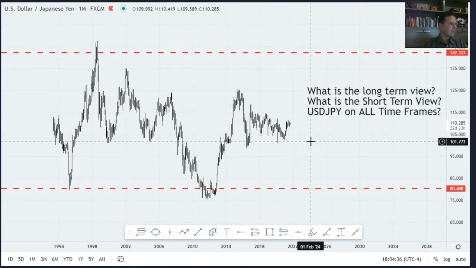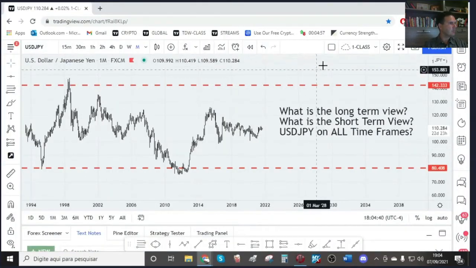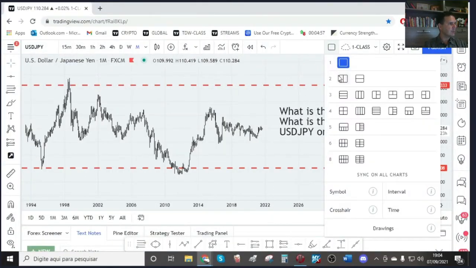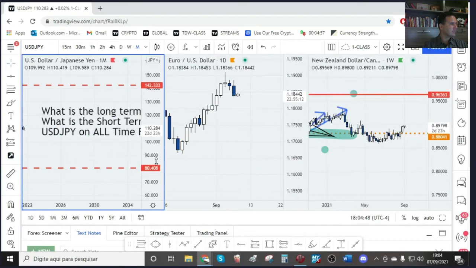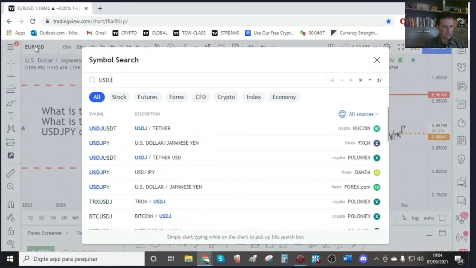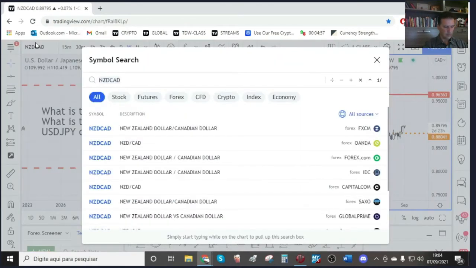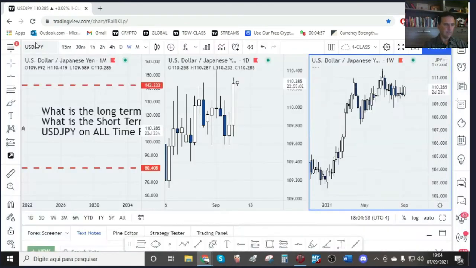Now, this is the monthly chart, and before we move forward, let's try to do it on 3 charts. I'm not sure if we're going to have the time, but let's try, right? USDJPY, USDJPY, and here USDJPY.